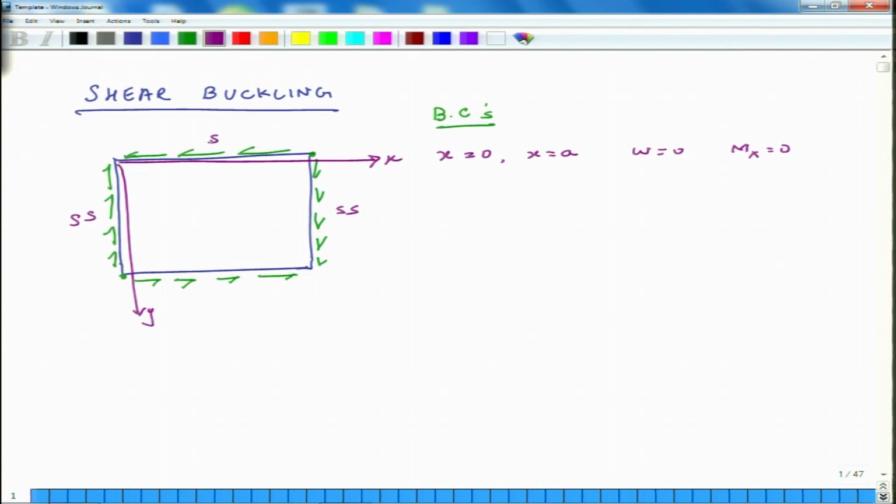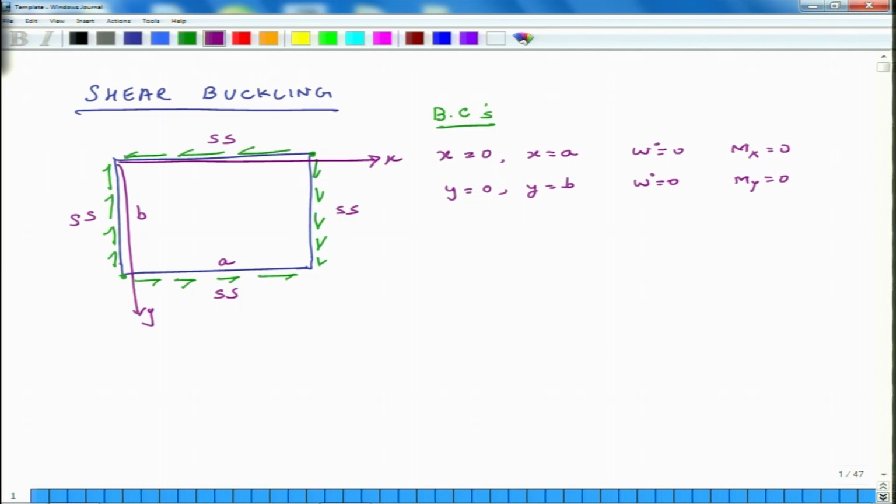Similarly, I am going to simply support the plate on the other two edges as well, on y equal to 0 and y equal to b. What is a? a is the length of the plate and b is the width of the plate. On the other two edges also the out of plane deflection w0 is 0 and My is 0 because it is simply supported.